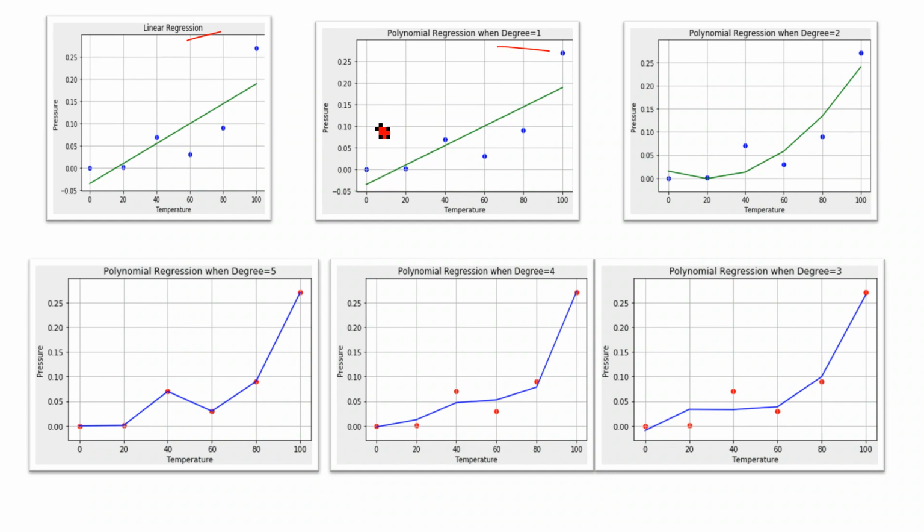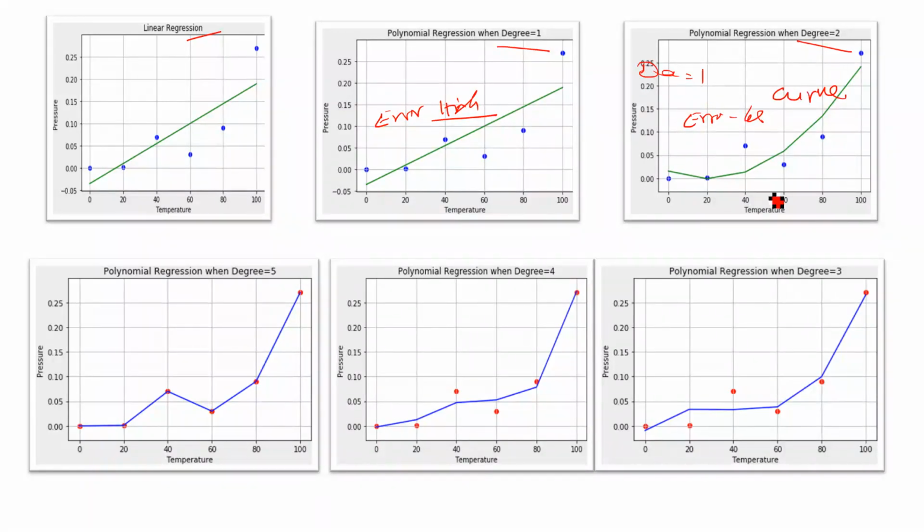When we increase the degree from degree 1 to degree 2, the best fit line acts as a curve, so the error is less compared to degree 1, which means linear regression.